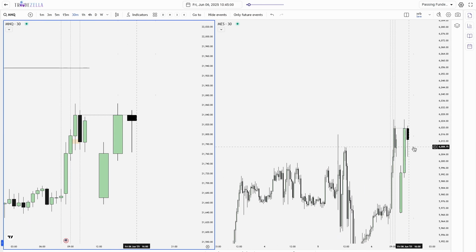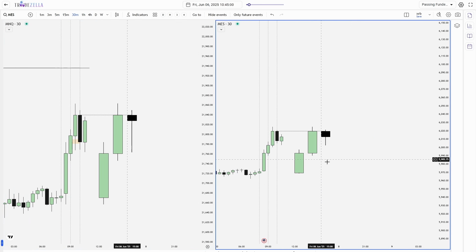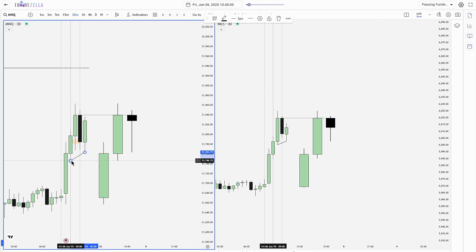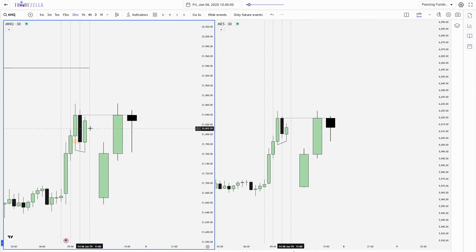And now we kind of have that SMT divergence with the ES at that low and at this low. We are taking that, so we can trade a retracement into continuation again.